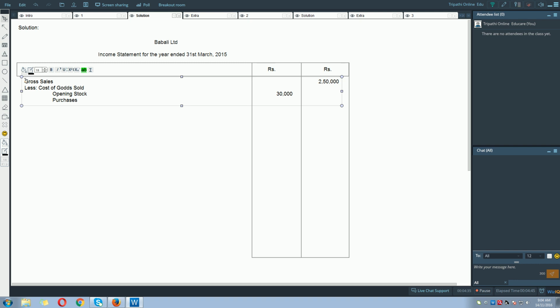Then we will take purchases, 70,000. Then wages, 40,000. Now you will have to find the total. So the total of this is 1,40,000.